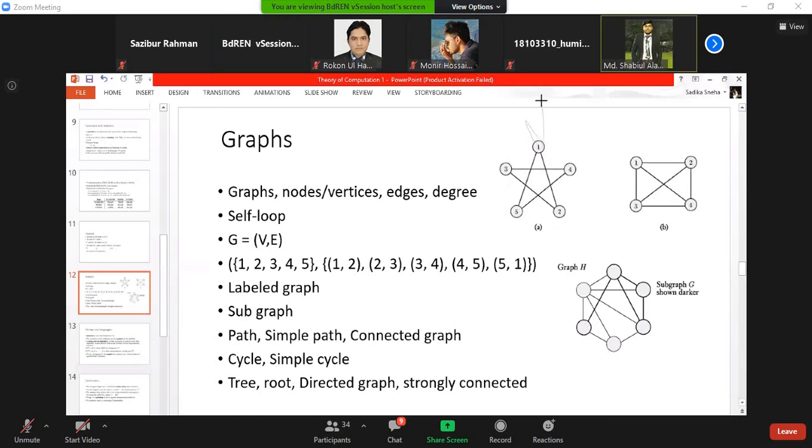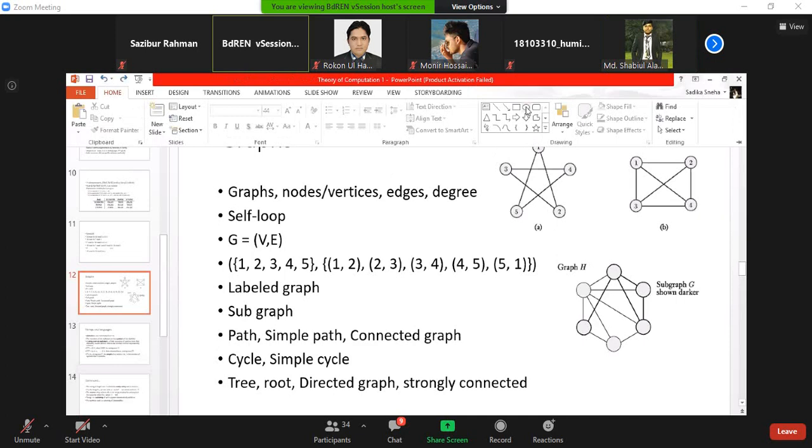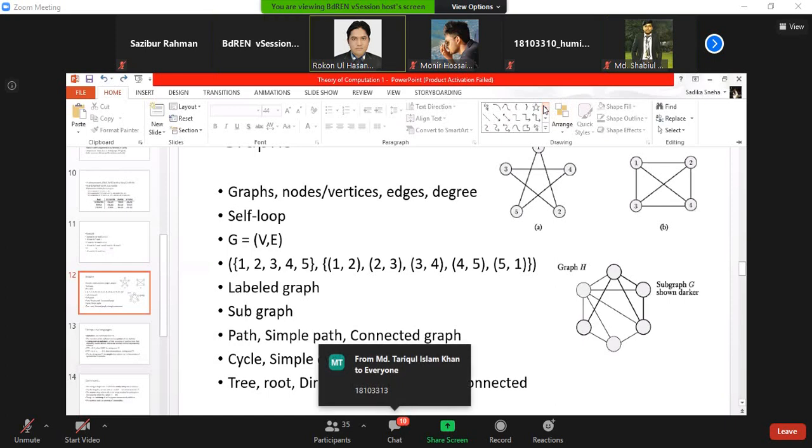Ma'am, you can use Chrome Canvas, that will be better. What should I use? In Google Chrome you will find an option for the canvas. You can draw there. It will take time to find and load that also. Ma'am, you can draw in Paint. Again, that will take time.